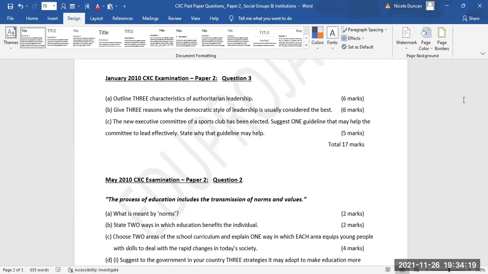A, outline 3 characteristics of authoritarian leadership. I want you to try and give me one of those characteristics of authoritarian leadership. One of the main things you can describe about the authoritarian style of leadership would be a characteristic of that type of leadership style.